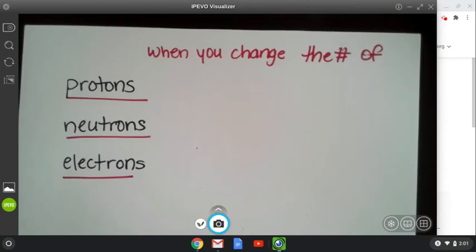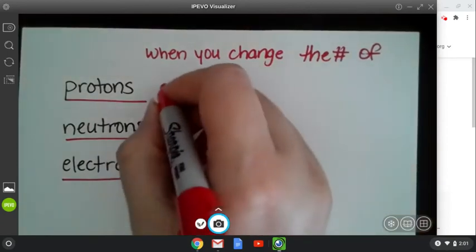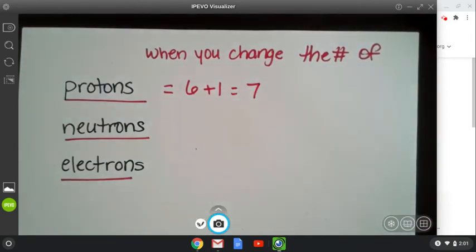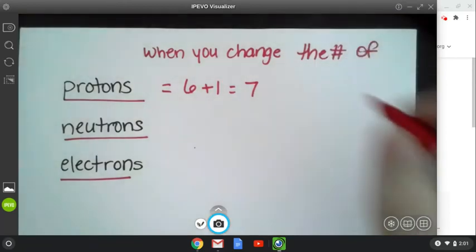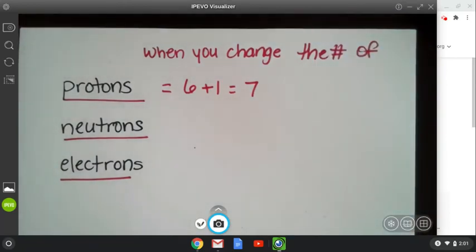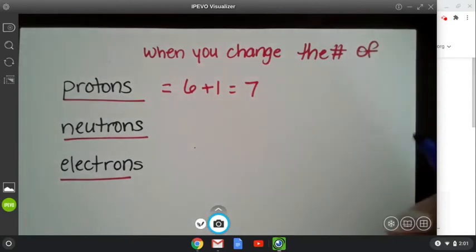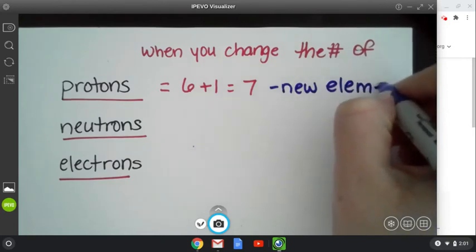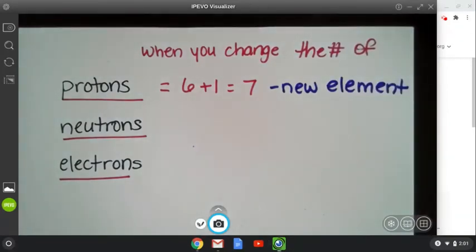So if I change the number of protons, say I had carbon, which was a 6. If I add 1, I end up with 7. If you have access to a periodic table, you'll see that 7 is for nitrogen. So when you change the number of protons within your atom, you end up with a new element entirely. So protons indicate the type of element you're dealing with.